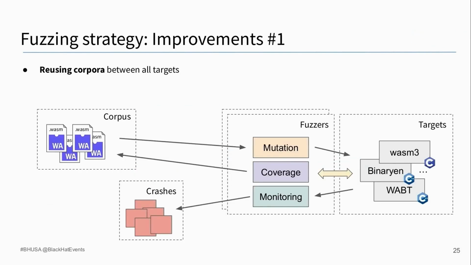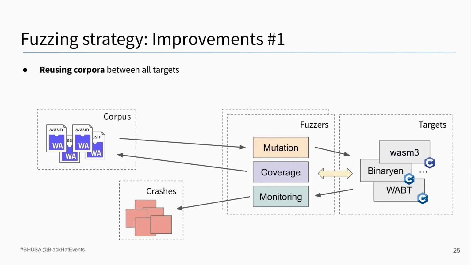The first improvement I made in my fuzzing strategy was to reuse the corpora between all targets. The main reason is that all those targets are written differently. They follow the same specification, but the implementation is different. So there is a clear value in reusing one corpus from one tool on another, because what one tool does in terms of the CFG and the different checks it performs might not be the same as another one.